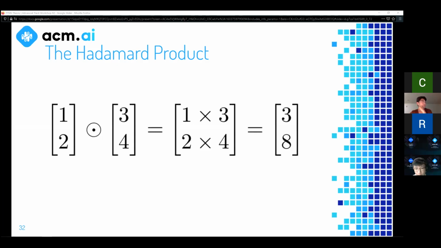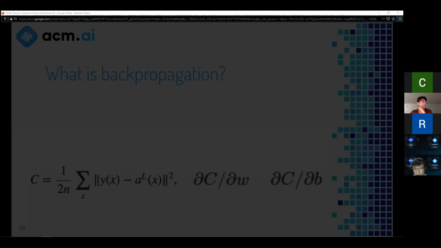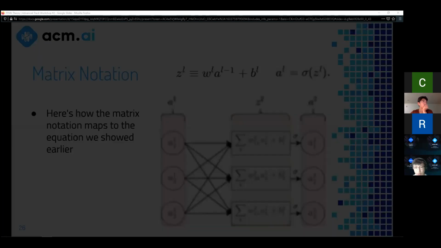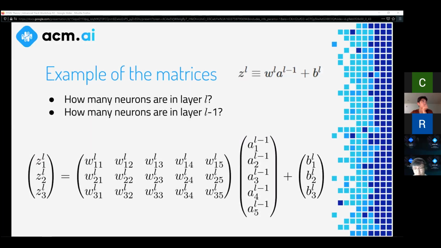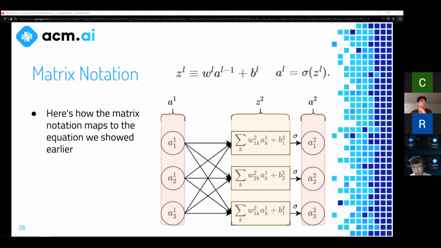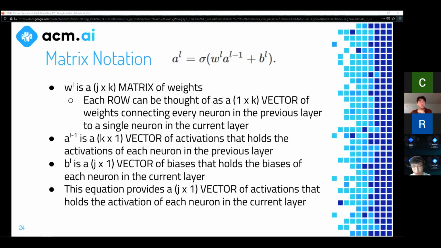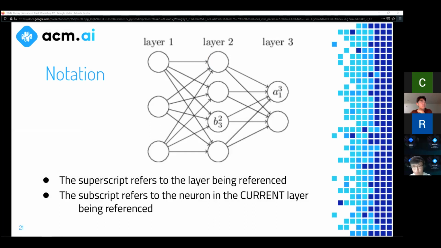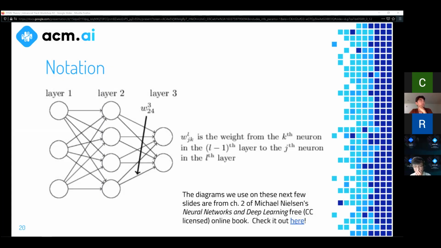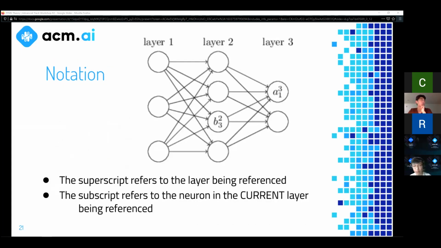Instead of X values, it would be the previous A vector. But in the example, we had 0 to 255 for the inputs.